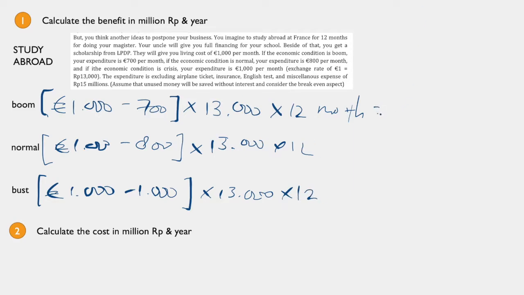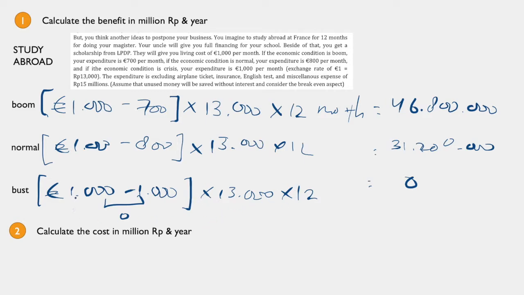From these we will find this one is 46,800,000. For normal it's 31,200,000, and because this one equals 0 on bust, we will receive 0.